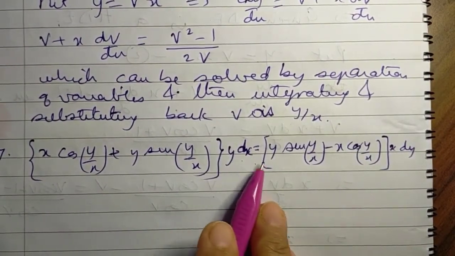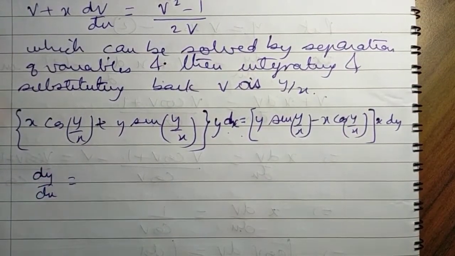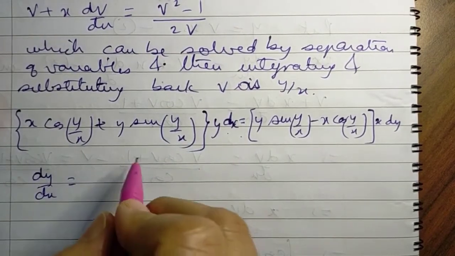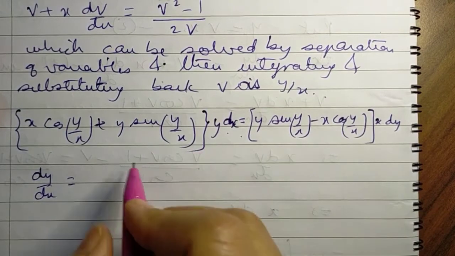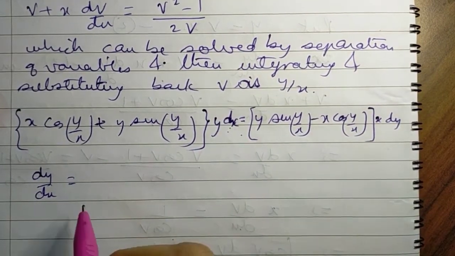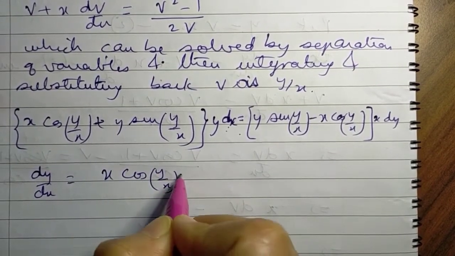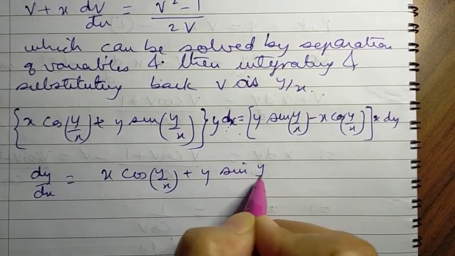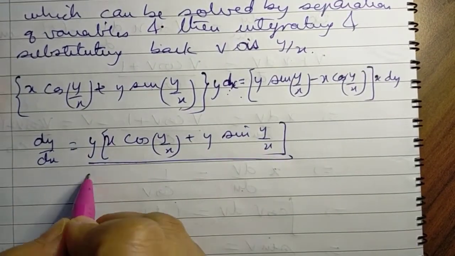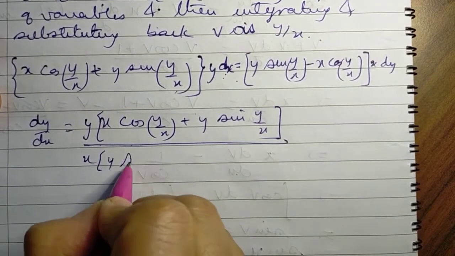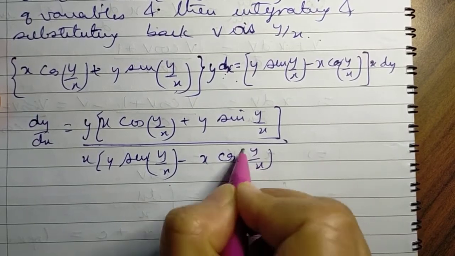As you can see, first of all let's solve it for dy by dx. So what do we get? dy by dx will be, the coefficient of dy comes to the right side with x, and dx will go there. So we have x cos y by x plus y sin y by x, whole into y, whole upon x times y sin y by x minus x cos y by x.